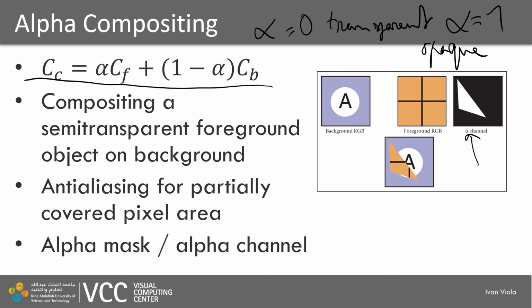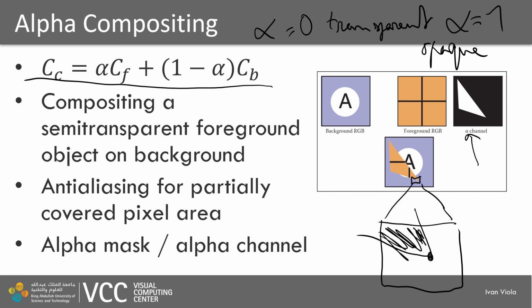So imagine that we have a perfect triangle which we want to rasterize on a discrete resolution image, and at this resolution, at the vertices of the triangle, the triangle will only partially cover the area of a pixel. Let's imagine that we are looking at this particular pixel here. So if we scale it up, the triangle area will be only this much of the entire pixel.